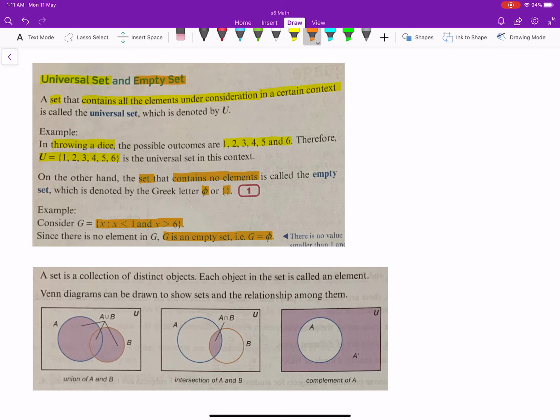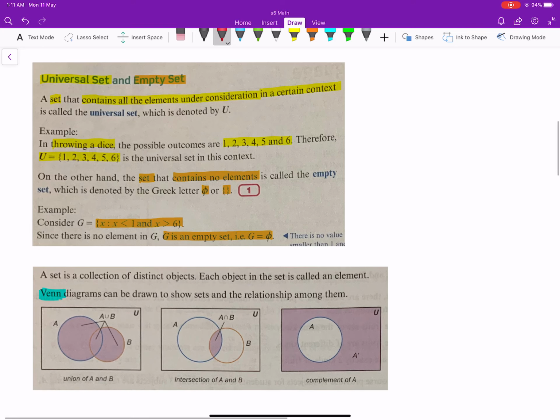The last one in this set notations or set language is about the Venn diagram. For the Venn diagram, we just construct a rectangle. You remember, the universal set will use a rectangle, like this one. Universal set.